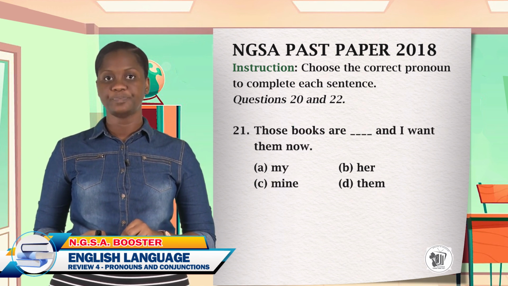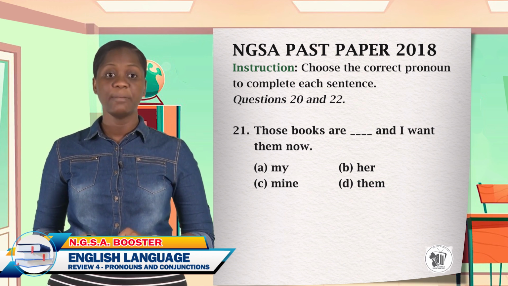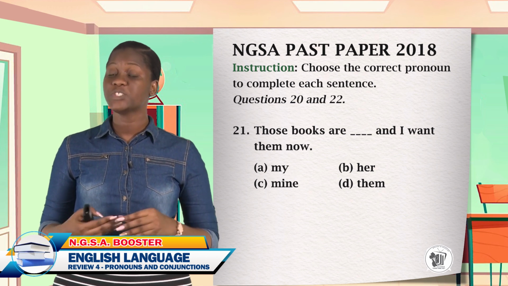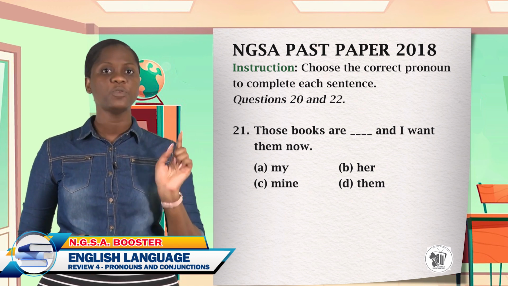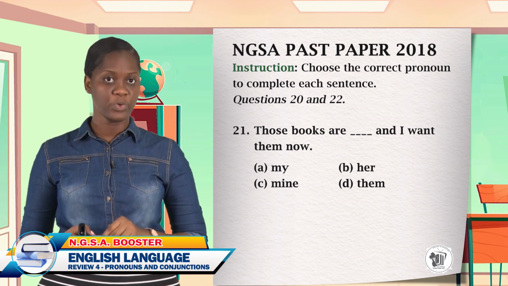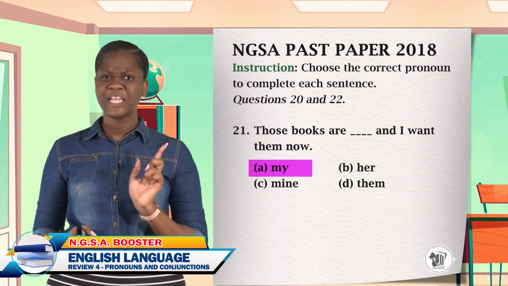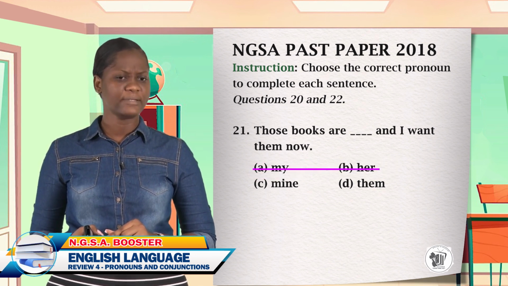Number 21, those books are something and I want them now. Definitely, if you have read that question and listened carefully, I'm sure you would have observed that we need a possessive pronoun. So let's look for it. A, my. Definitely no. B, her. No again.